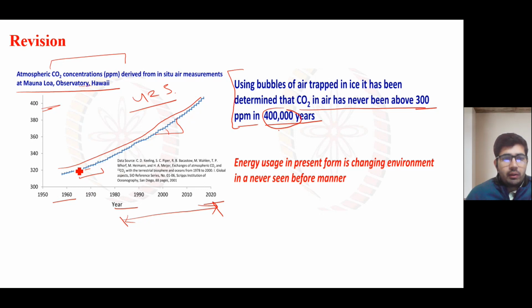But from 1960 to 2020, it's just 60 years, and the CO2 concentration has gone from approximately 300 to 425. So it's a very huge increment. For the last 4 lakh years the concentration was not above 300, but only in this little time span.